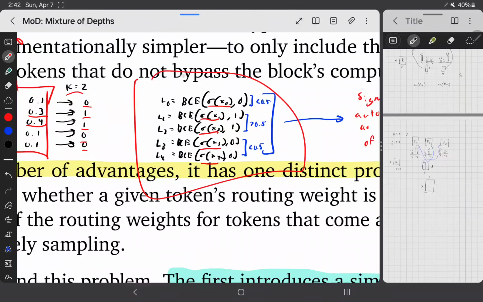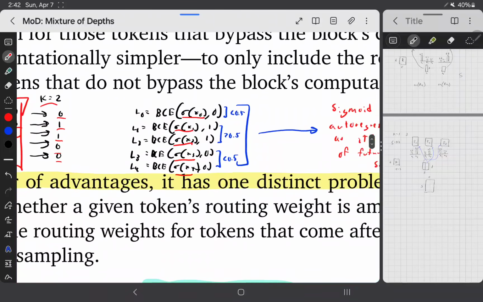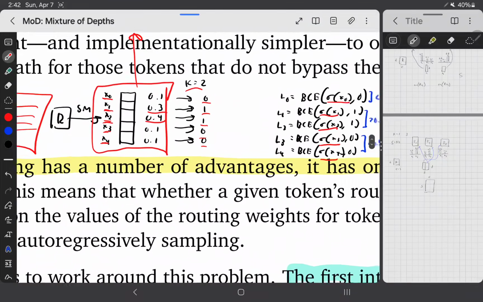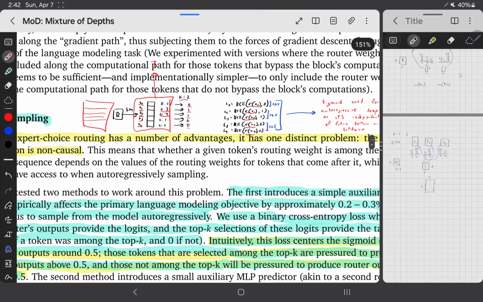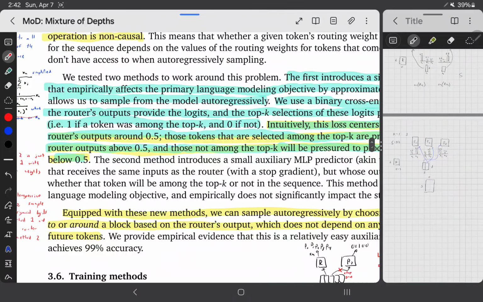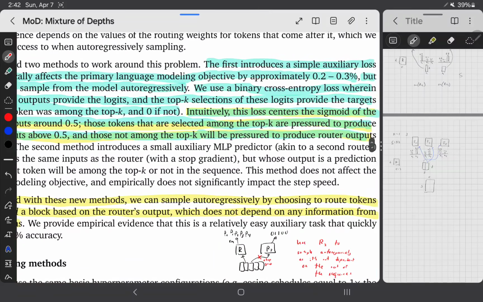Since this is not bidirectional, you can sample it in a causal behavior. So you would use this for top K, and you would not use the softmax for top K whenever you're sampling. Yeah, so that's why they do these independent sigmoids.